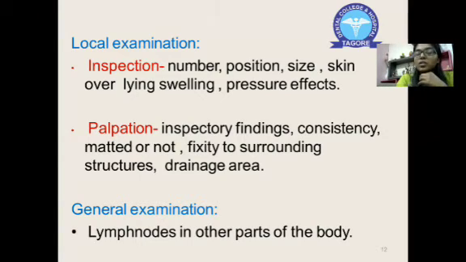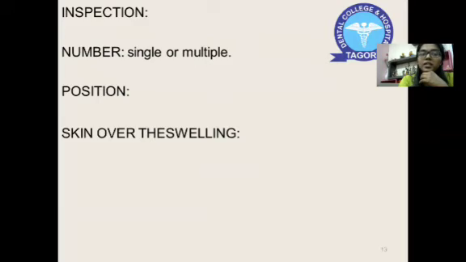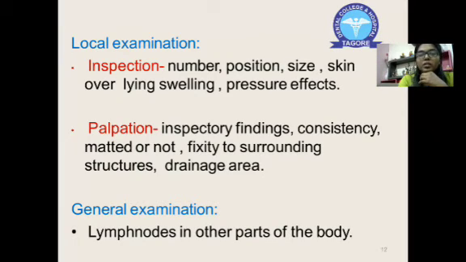Enlarged lymph nodes may be soft in acute lymphadenitis or any other infectious condition. Elastic and rubbery lymph nodes we usually see in Hodgkin's lymphoma, and discrete, firm and shotty lymph nodes we see in syphilis. And a stony hard consistency is a possible sign of malignancy.